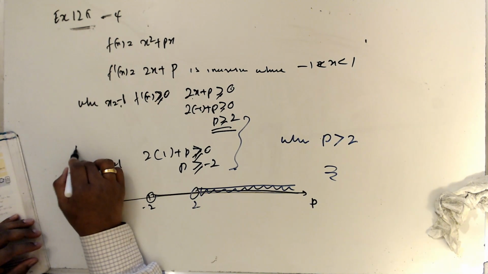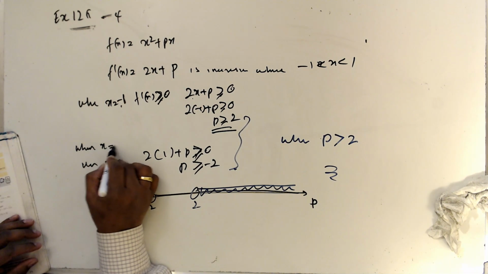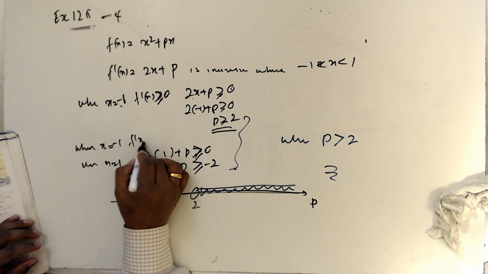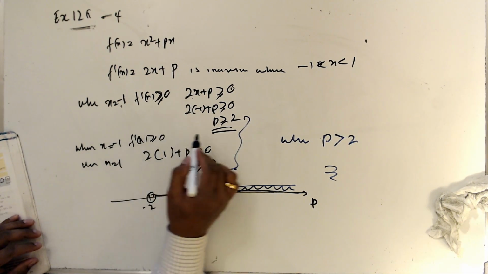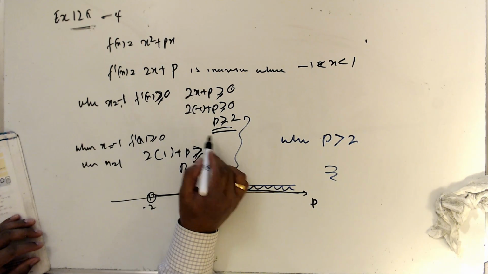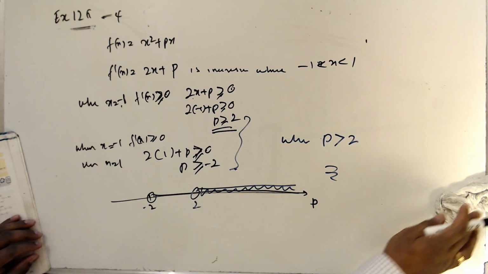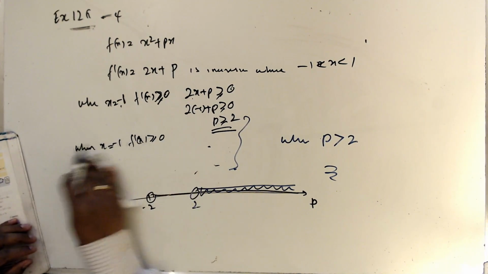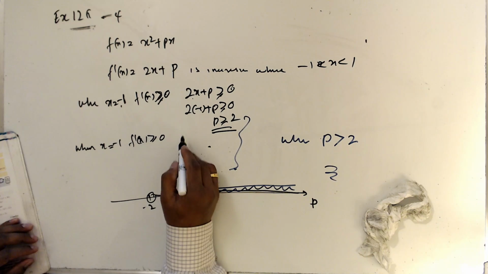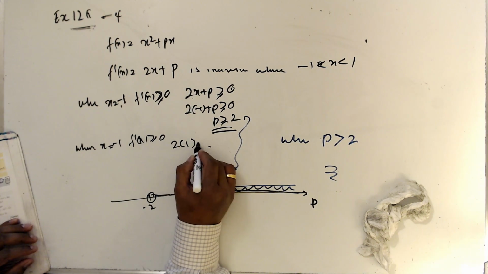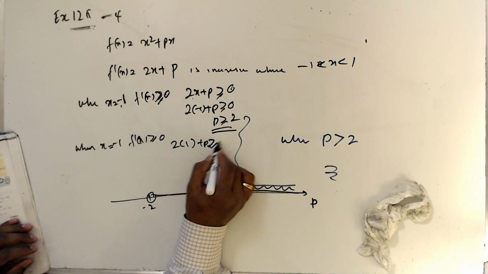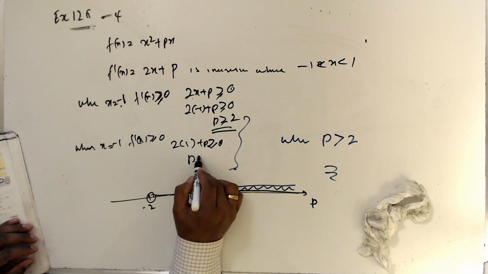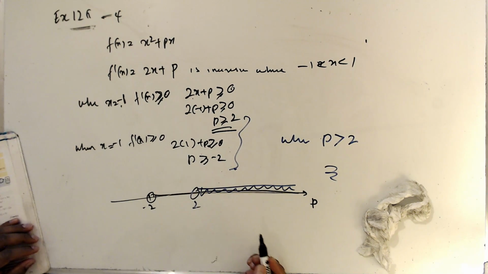So you can write, when x equals minus 1, f dash x is greater than or equal to 0. Hence 2 times 1 plus b, so b equals minus 2.